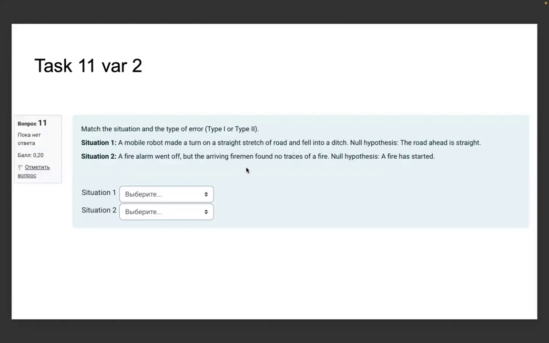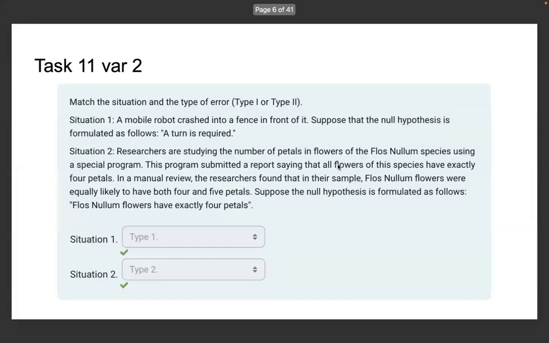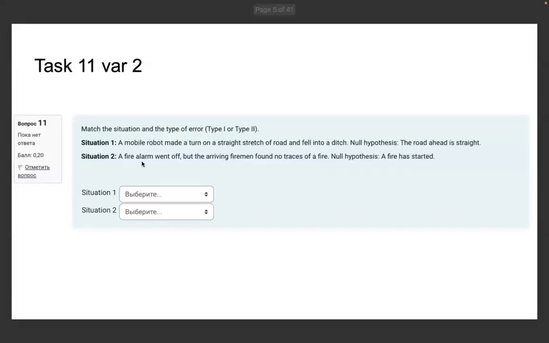So we have to ride straight, but we turned and it was a mistake. So situation 1 is the first type error again, because the hypothesis was positive, but our decision is false. Let's move to the second situation.